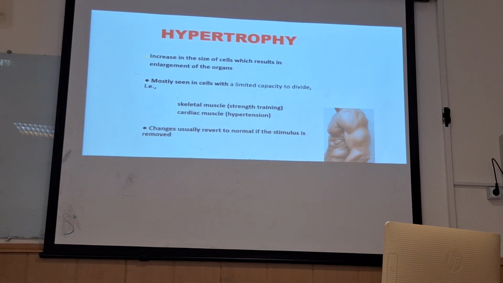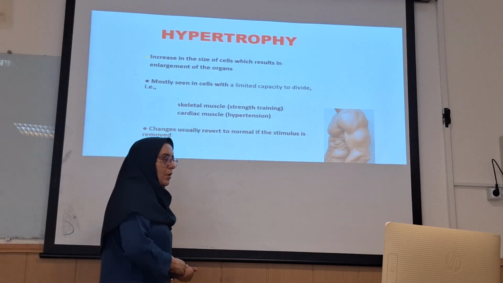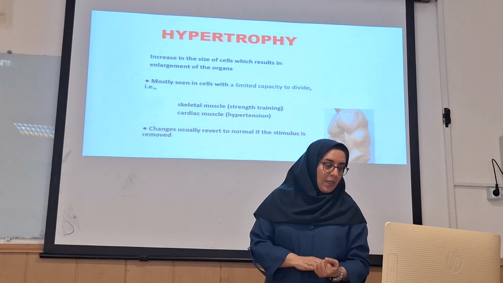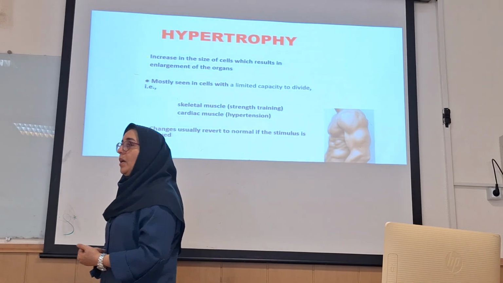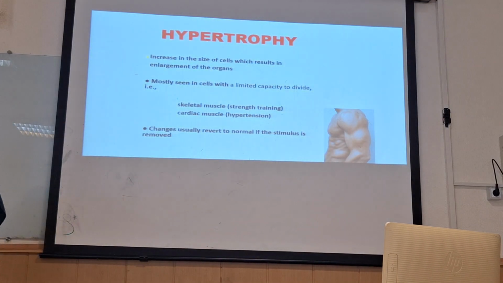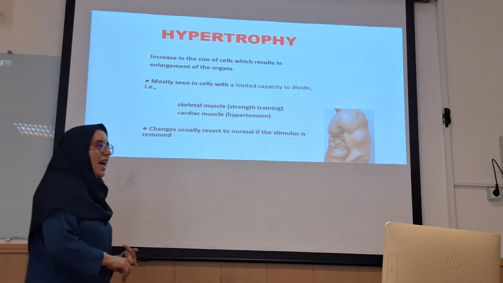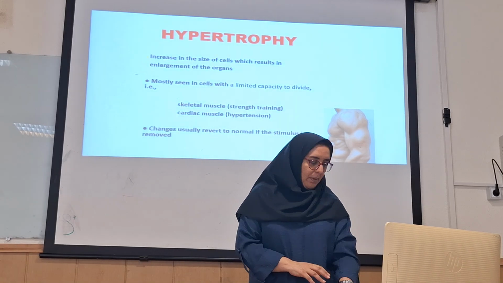We have an increase in cytoplasmic organelles and an increase in the size of the cell. So we have hypertrophy in skeletal muscle and cardiac muscle. We have hypertrophy in other cells, but in skeletal muscle and striated muscle, we have only increased size of cells, not number of cells.